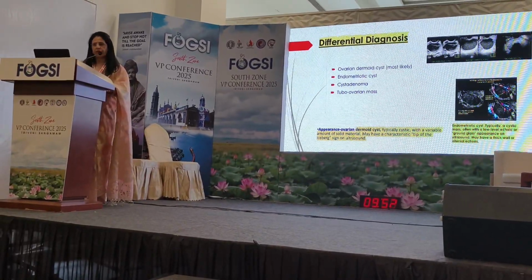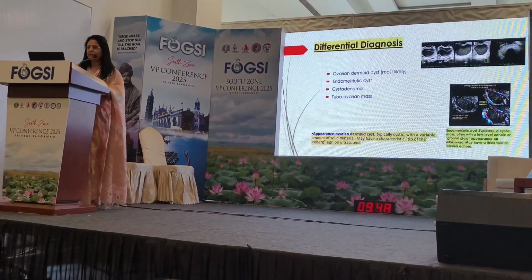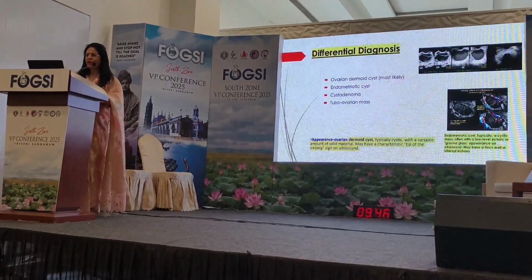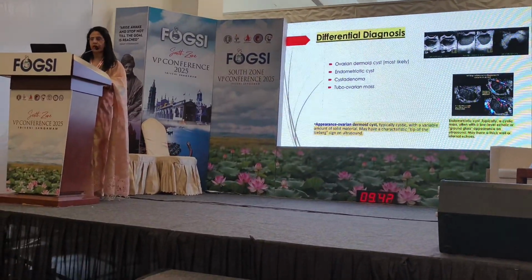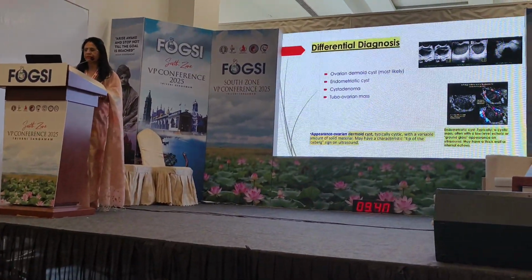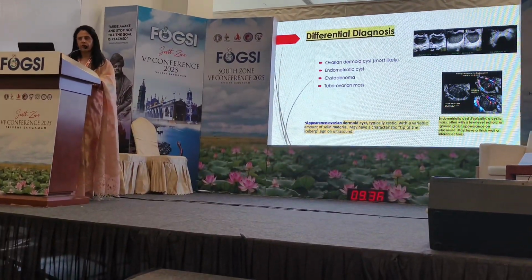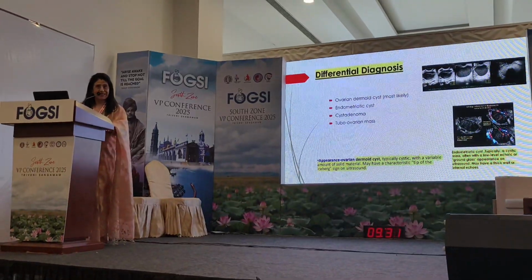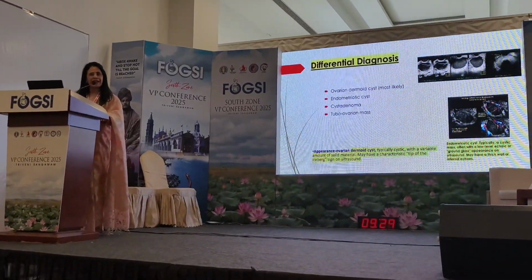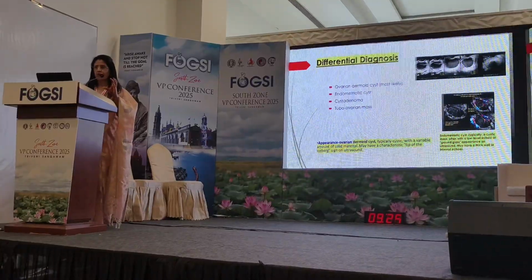The endometriotic cyst typically presents with a low-level echoic or ground glass appearance because of the blood inside. It may have a thick wall or internal echoes, while the dermoid cyst, with a variable amount of solid material inside, has a characteristic tip of the iceberg sign on ultrasound.